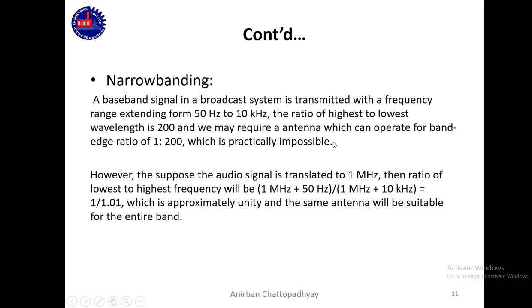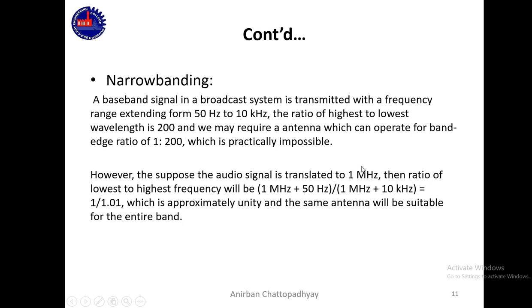For this we need an antenna which can operate for a ratio of 1 to 200, which is practically impossible. We cannot change our antenna height for different frequencies, and the antenna height ratio is 1 to 200, which is practically impossible. So therefore we need modulation.